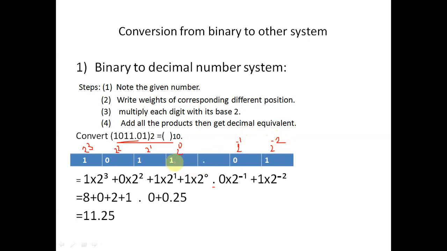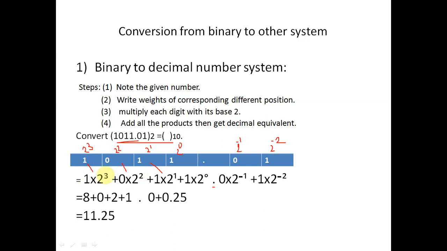Now each digit is multiplied with its base: 1 into 2 raised to 0, 1 into 2 raised to 1, 0 into 2 raised to 2, and 1 into 2 raised to 3.